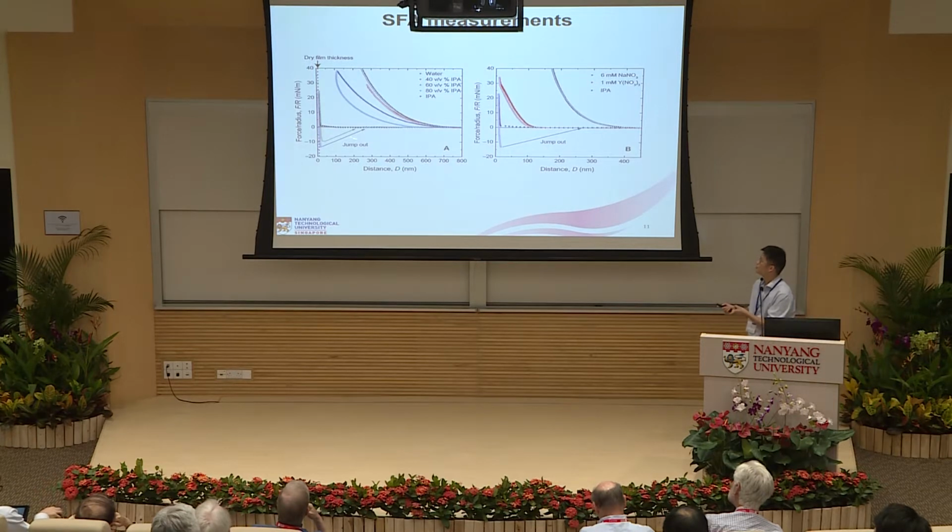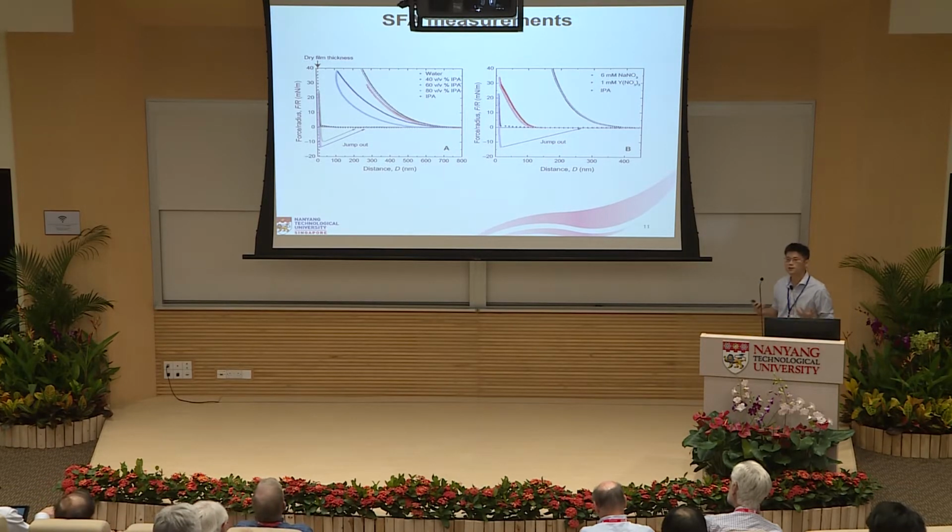The film actually completely collapsed to close to the dry film thickness. And during separation, we measure strong adhesion force between two PSS layers, which is typical when you do such measurements with polymer layers in poor solvent.